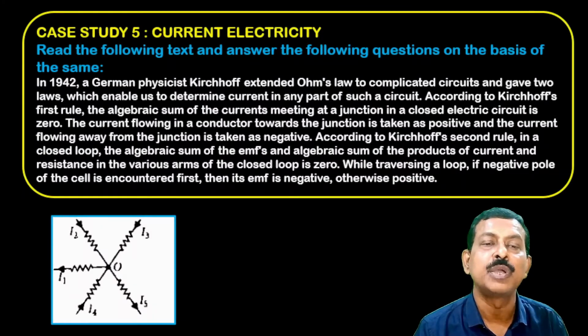The current flowing in a conductor towards the junction is taken positive and the current flowing away from the junction is taken negative. According to Kirchhoff's second rule, in a closed loop, the algebraic sum of the EMFs and the algebraic sum of the products of current and resistance in the various arms of the closed loop is 0. While traversing a loop, if the negative pole of the cell is encountered first, then the EMF is negative, otherwise positive.